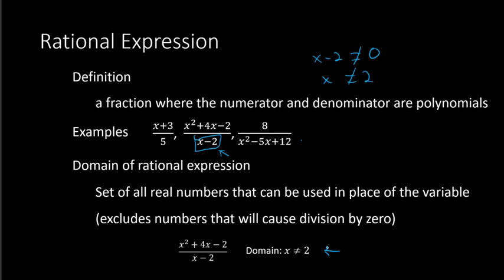So instead of writing that whole phrase in English, we can write it shorthand by saying x cannot equal 2. That is the domain. For any expression, we would have to set the denominator equal to 0 to see what limitations we have.